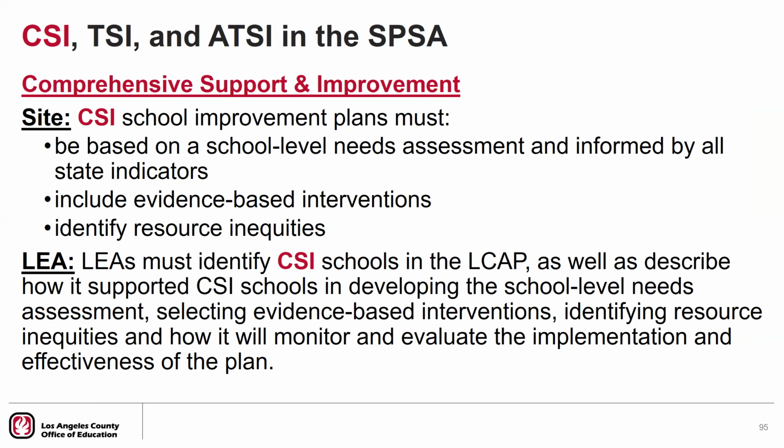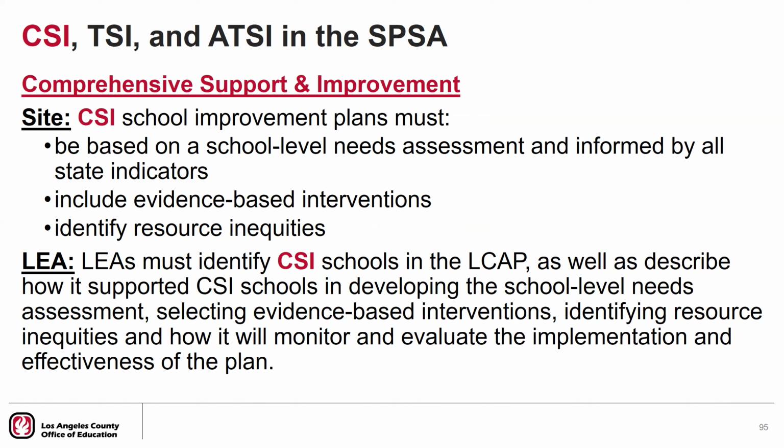For schools identified for CSI, the site CSI plan must be based on a school level needs assessment and informed by all state indicators. It must also include evidence-based interventions and identify resource inequities.